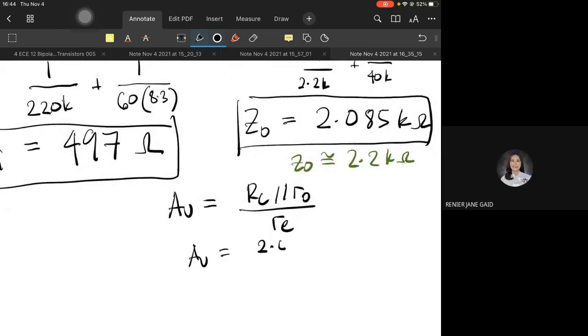Negative, sir, right? Yeah. So, thank you. Sorry, negative 2.085K over 8.3. So, nasa mga 251, more or less.